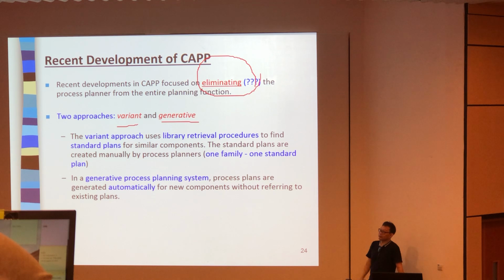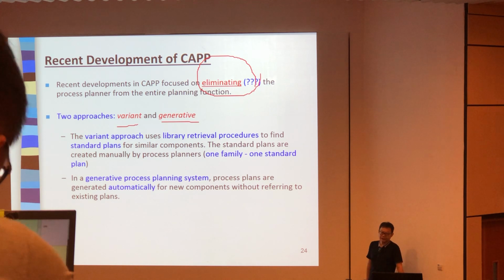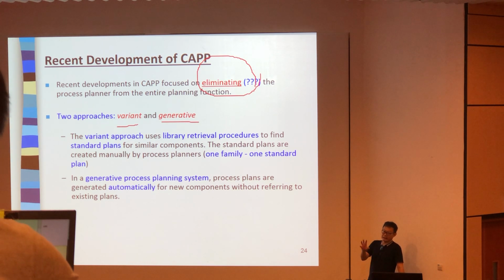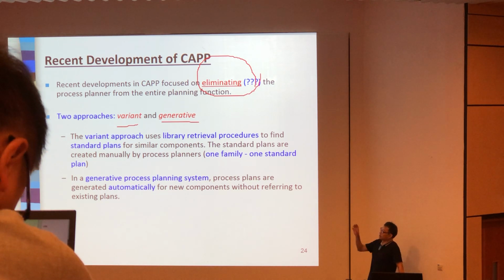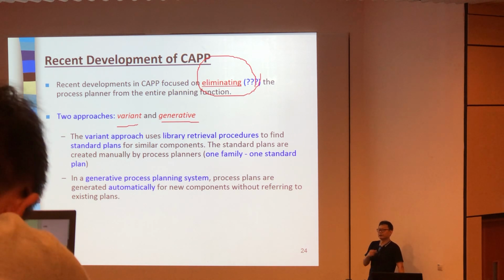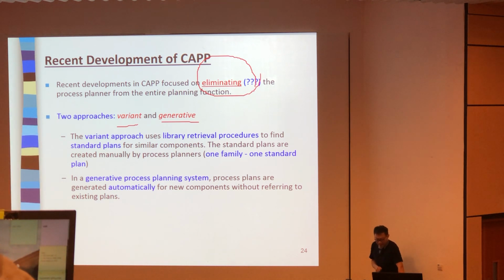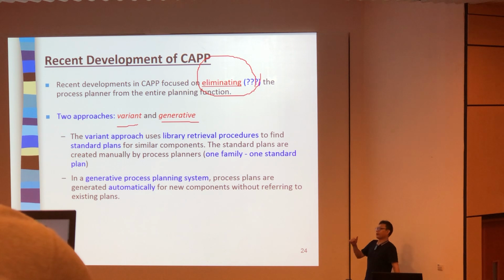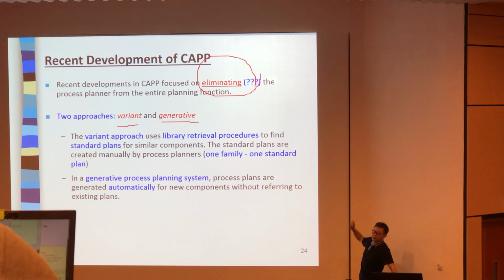I said roughly meet, which means not 100%. Then just like what we did when we used group technology for design purposes, a process planner still needs to do a bit of modification, adjustment, final touch, to make the new plan, and now the new plan 100% meets the requirement of the new component. So this is the so-called variant approach and the idea.